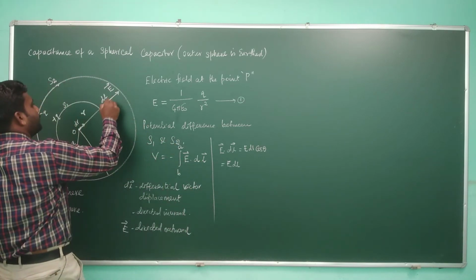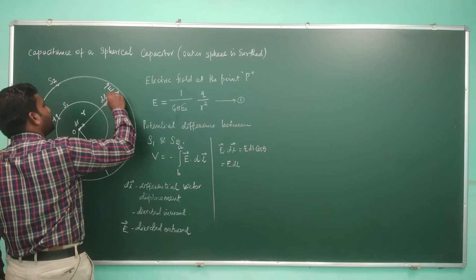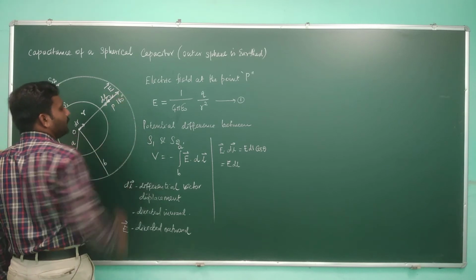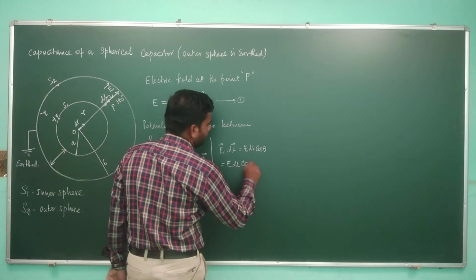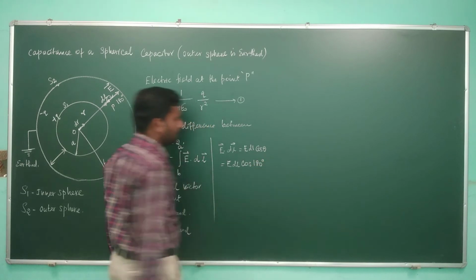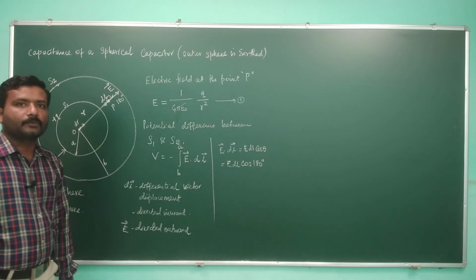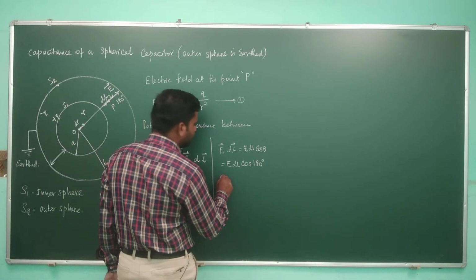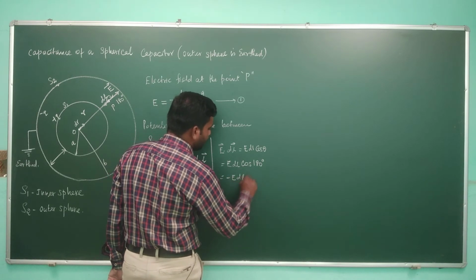The angle between them is 180 degree. So here we can write E dl cos 180 degree. Cos 180 degree is minus 1. So this becomes minus E dl.